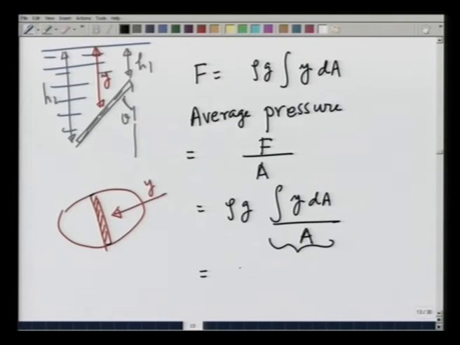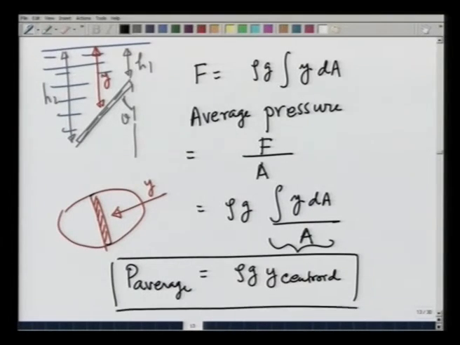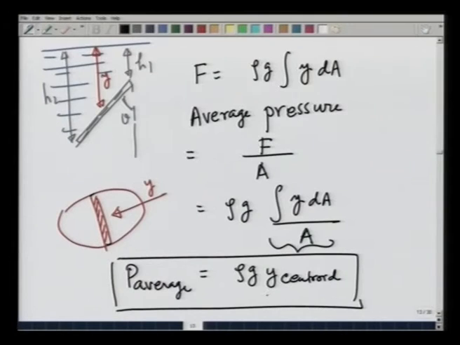So, this is going to be rho g y centroid of the plate. This is P average. So, the average pressure that a sheet submerged in the water feels is going to be rho g times the depth of its centroid.